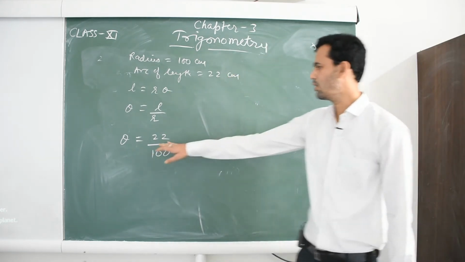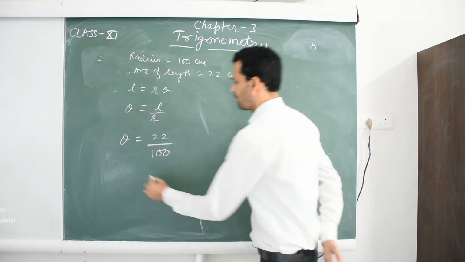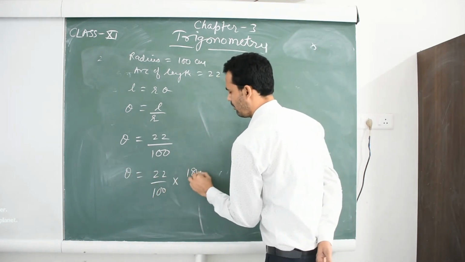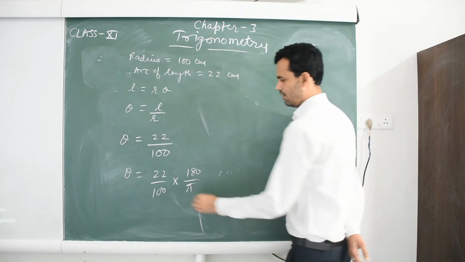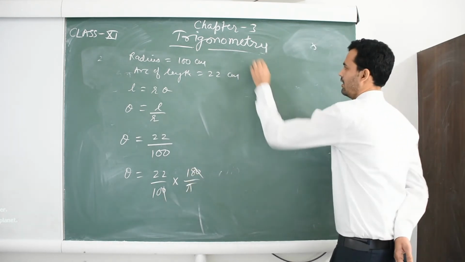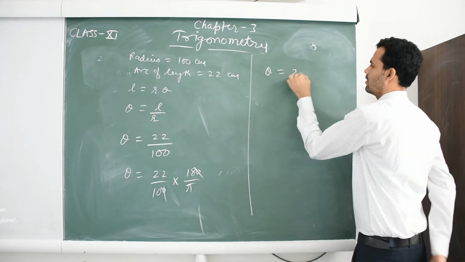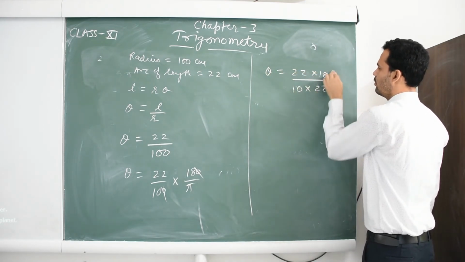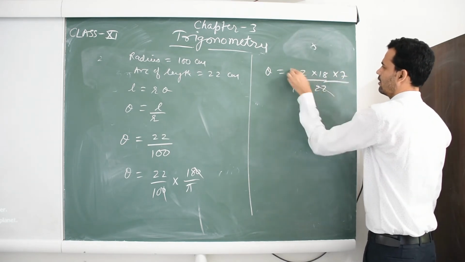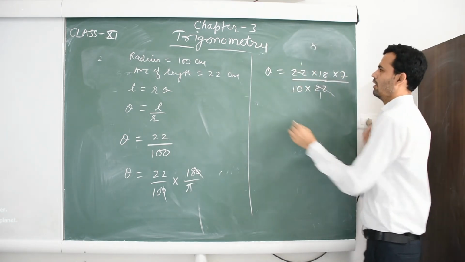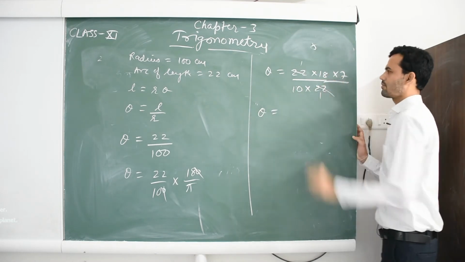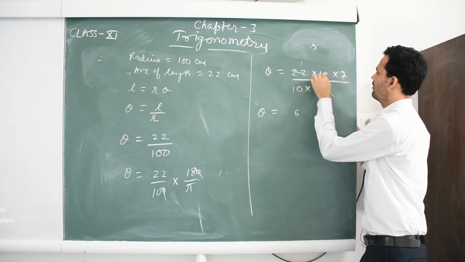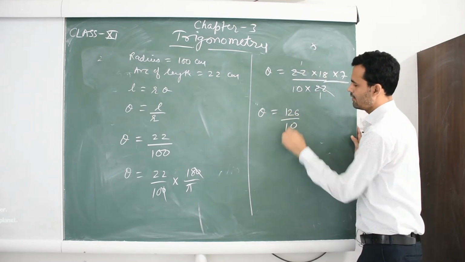Now we change it into degree measure. 22 by 100 into 180 upon pi. This 0 cancels by 0, and theta equals 22 into 18 upon 10 into 22 upon 7, 22 cancels. So it is 756 carry 5, 126 by 10.